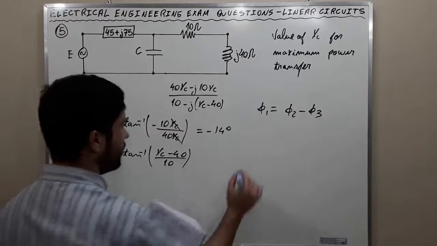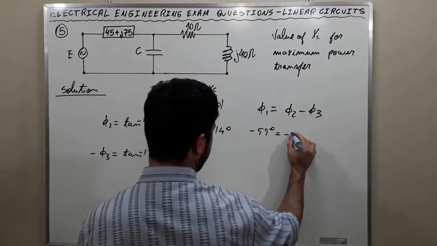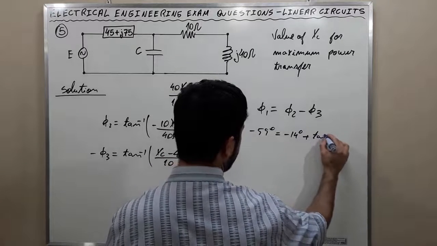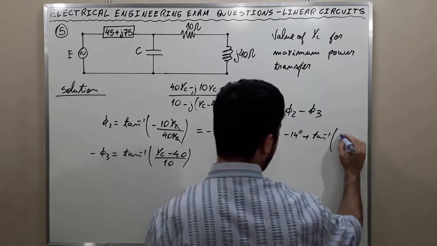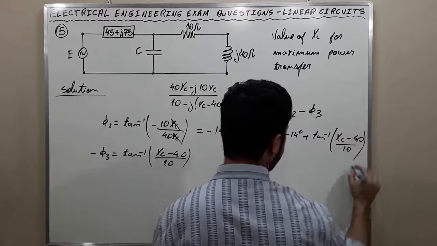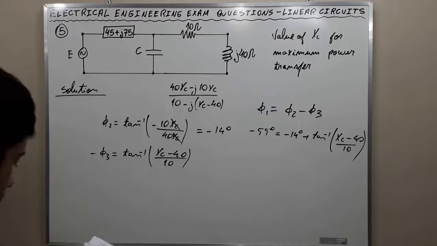So it's going to then be equal to negative 59 degrees equal to negative 14 degrees plus the inverse tangent of XC minus 40 divided by 10. Alright? This is how we are solving this problem. Of course, there may be other ways of solving this problem. This is the way we've chosen to follow.